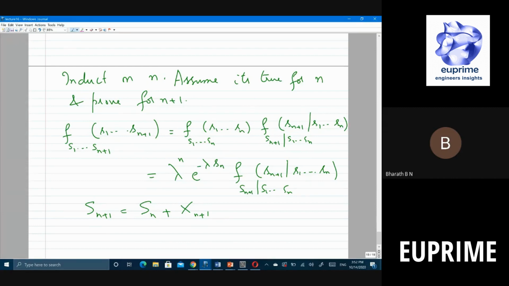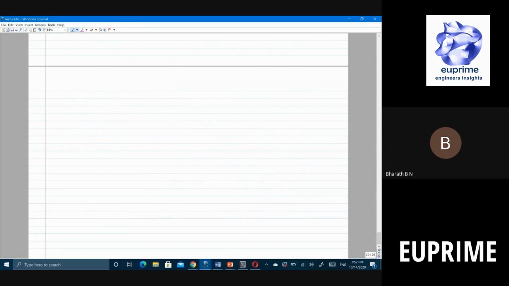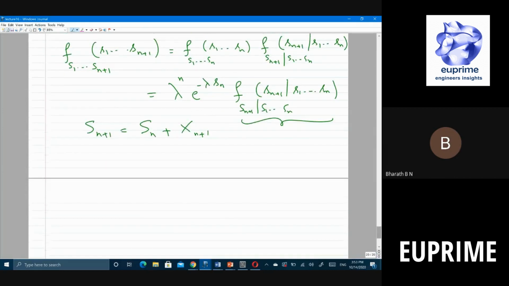Is this fine? So now if I use this here, in this expression, what do I get? I take this as a homework, essentially the same thing that I showed just some time back. The density conditioned on S1 through Sn doesn't depend on anything else, it depends on the exponential of minus lambda times Sn plus 1 minus Sn.